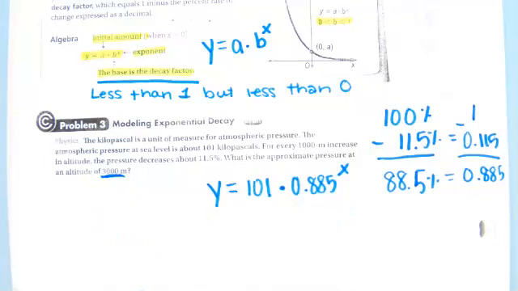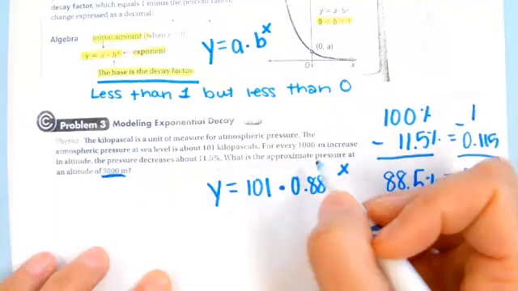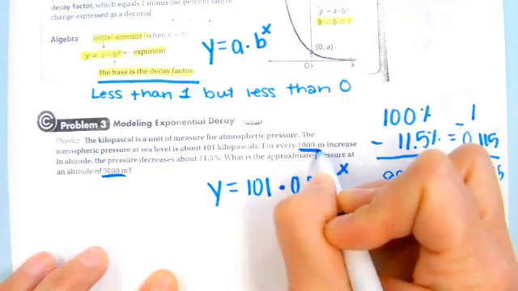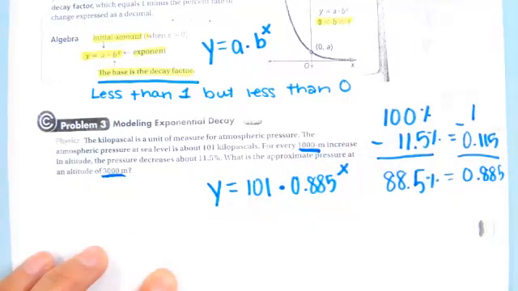Our x, okay? But it's not 3,000 that we put in there. Why is it 3? Because for every 1,000 meters of increase, it's decreasing that much. So 3,000 divided by 1,000 is 3.